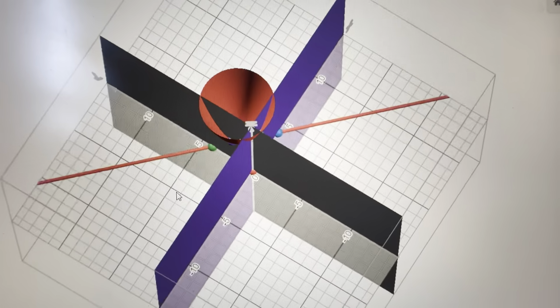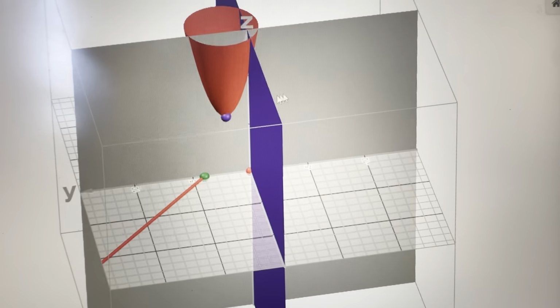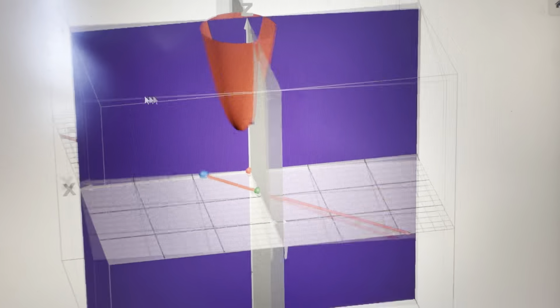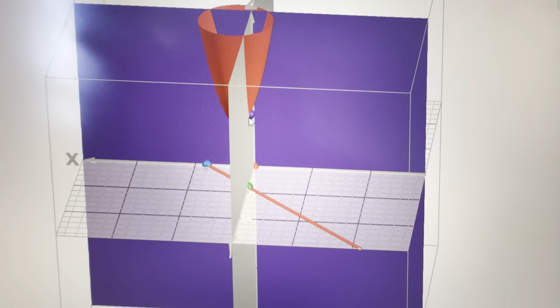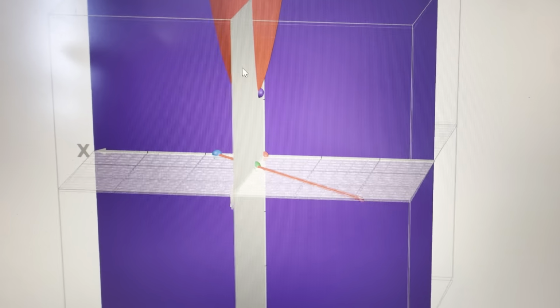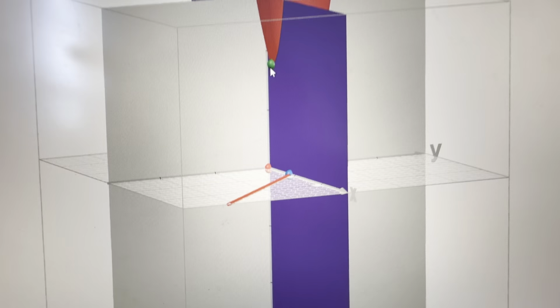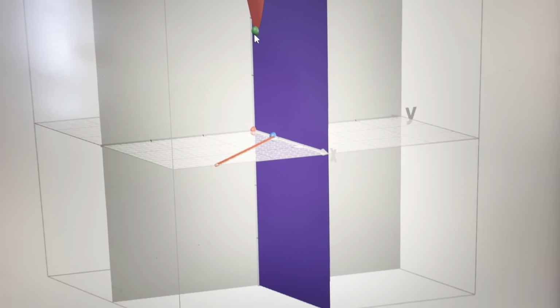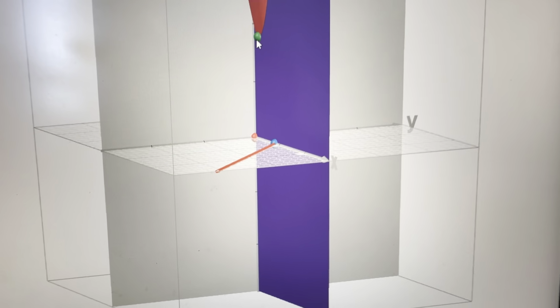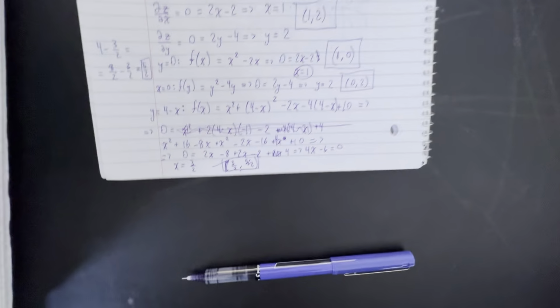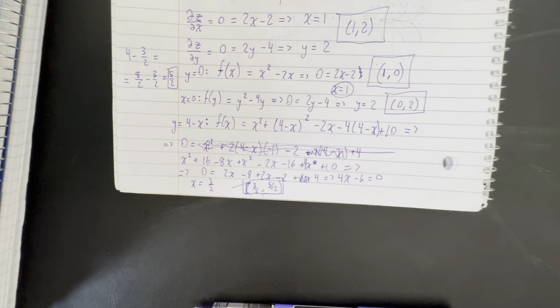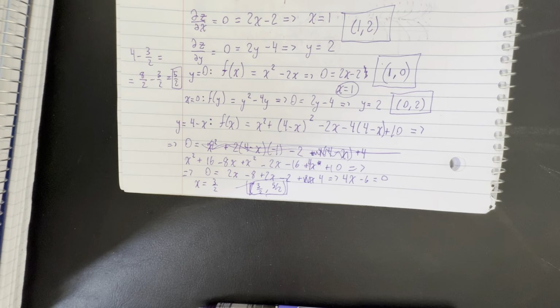Right, so there are those 2 points. Obviously, we found that this guy was the highest, (1, 0, 9), when y equals 0. Okay, and now our final point is on that line of y equals 4 minus x.